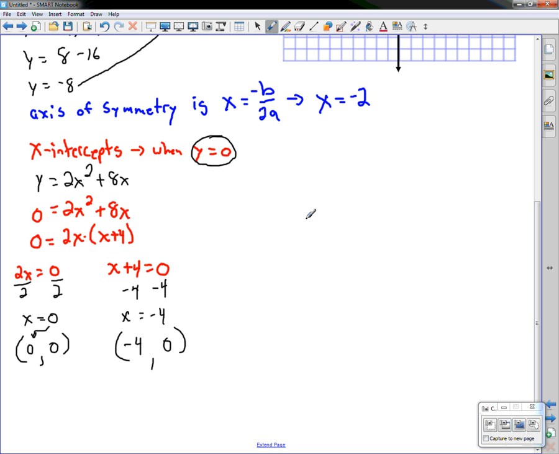The last thing we need to find is the y-intercept. And this is when x equals 0.